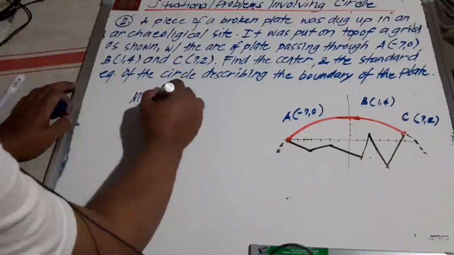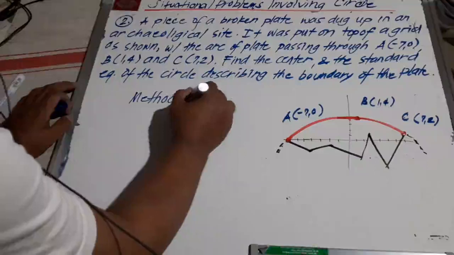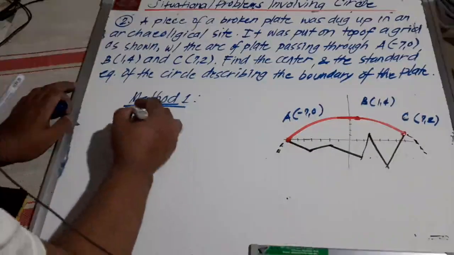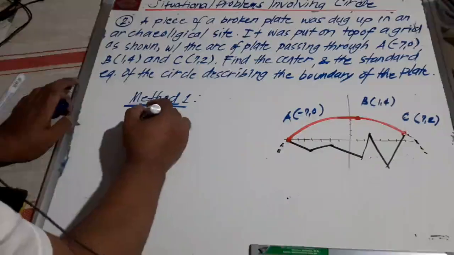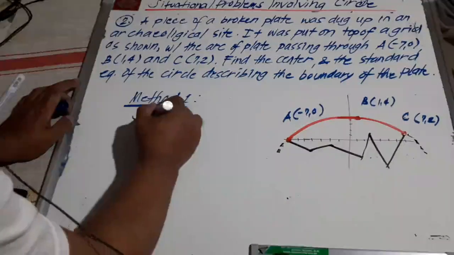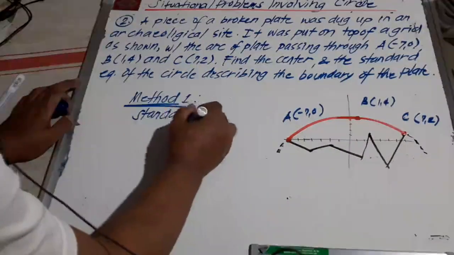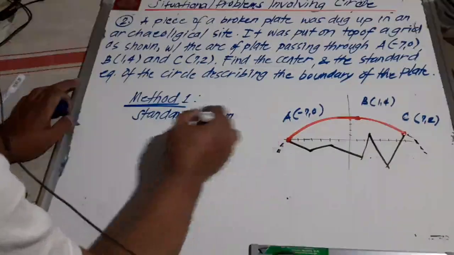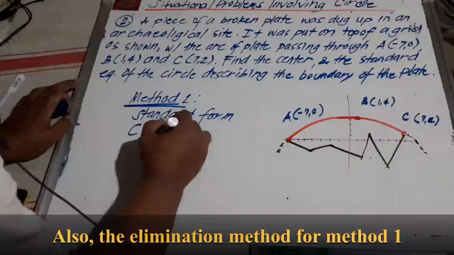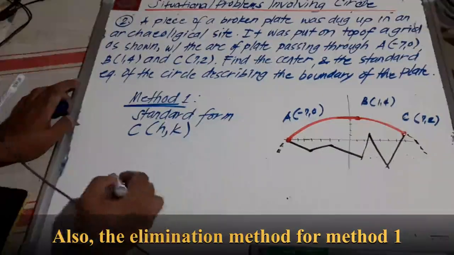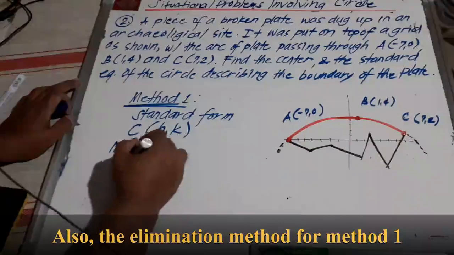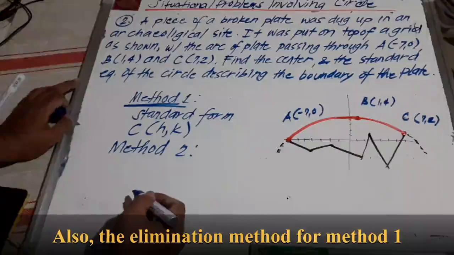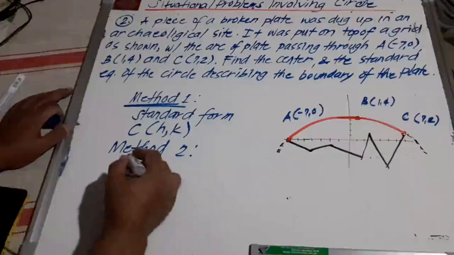Pag method 1, kailangan lang natin dito is the standard form of a circle. Standard form, center at (h, k). Pag yung method 2, ang kailangan natin, ang dami.